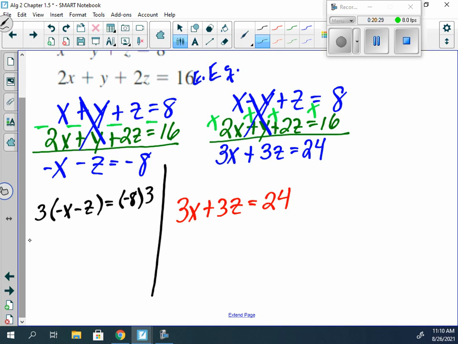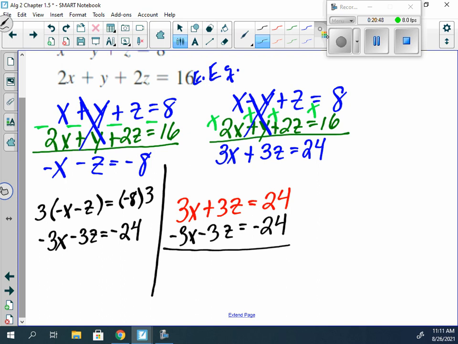So we can do 3 times negative x will be negative 3x. 3 times negative z will be negative 3z is equal to negative 24. Any questions on this here so far?